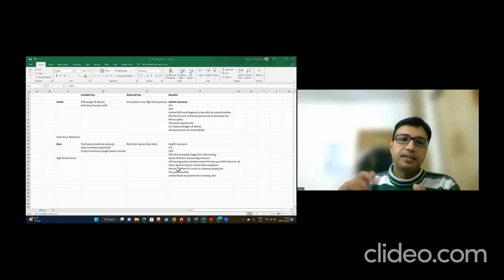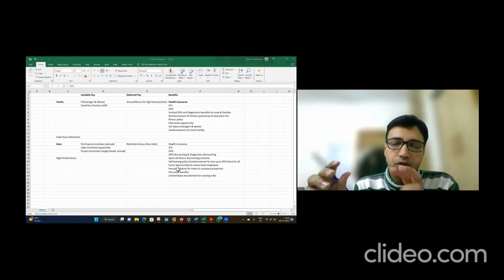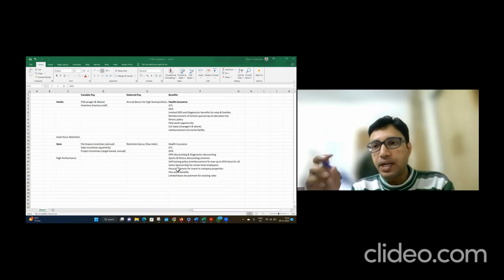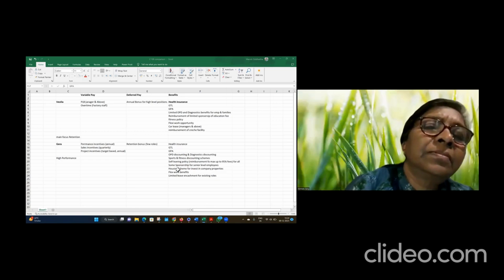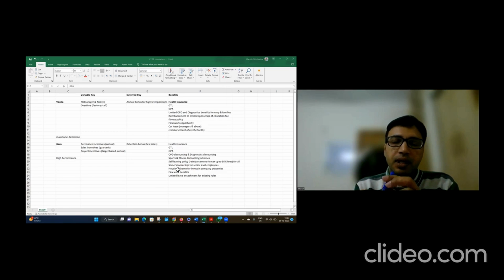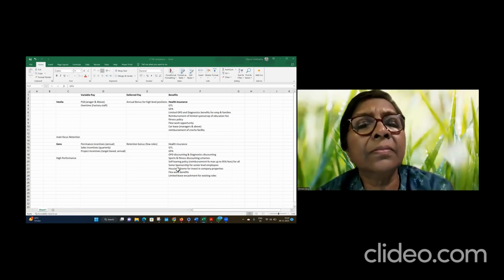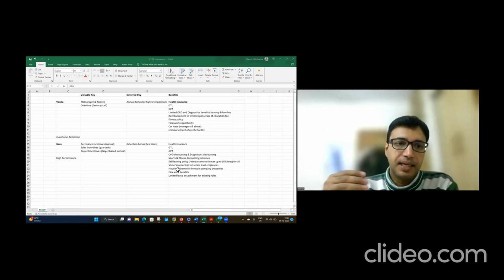So our pay strategy is aligned with that: we don't have too much variable pay to drive performance. We want to focus on how to keep the talent motivated and how to retain them.